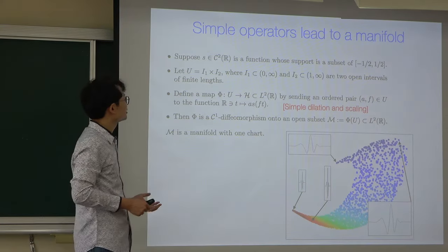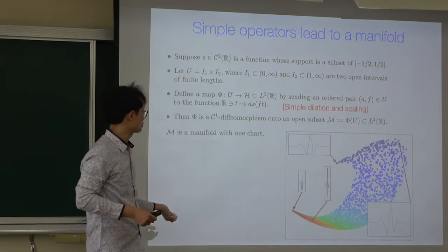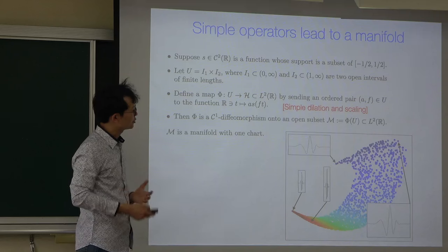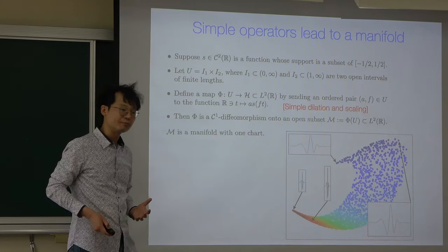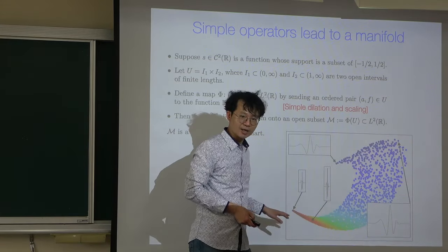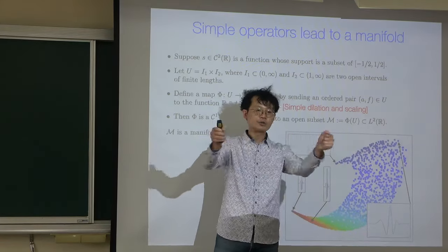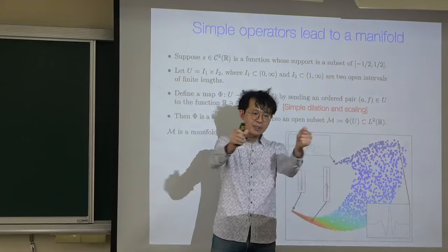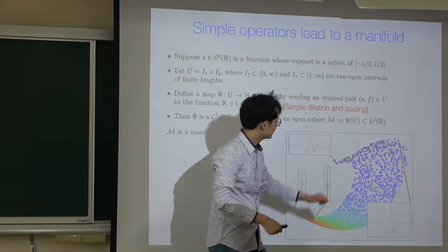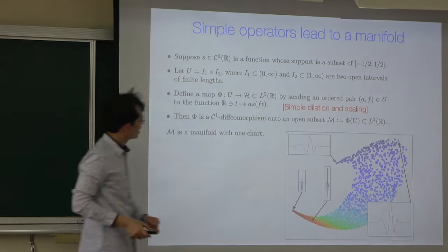So this is a very, very simple idea to describe what we mean by this time-varying wave shape manifold and the wave shape manifold model. Because this wave shape manifold model can be understood as just stretching, which describes instantaneous frequency, and the scaling, which describes amplitude modulation, in a very high-dimensional space.